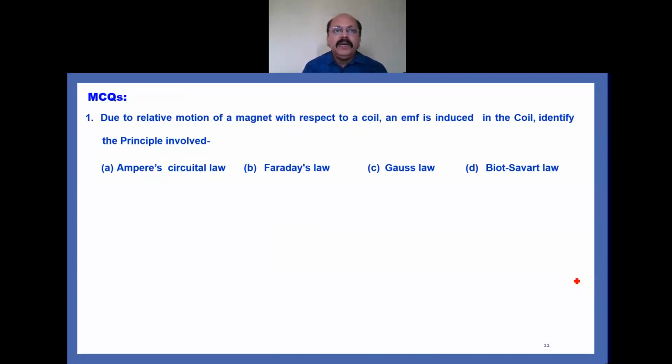Identify the principle involved. Your options are A, Ampere's circuital law, B, Faraday's law, C, Gauss's law, D, Biot-Savart's law. So whatever you learn, you apply your concept, then check your answer. Answer is B. That is Faraday's laws of electromagnetic induction.